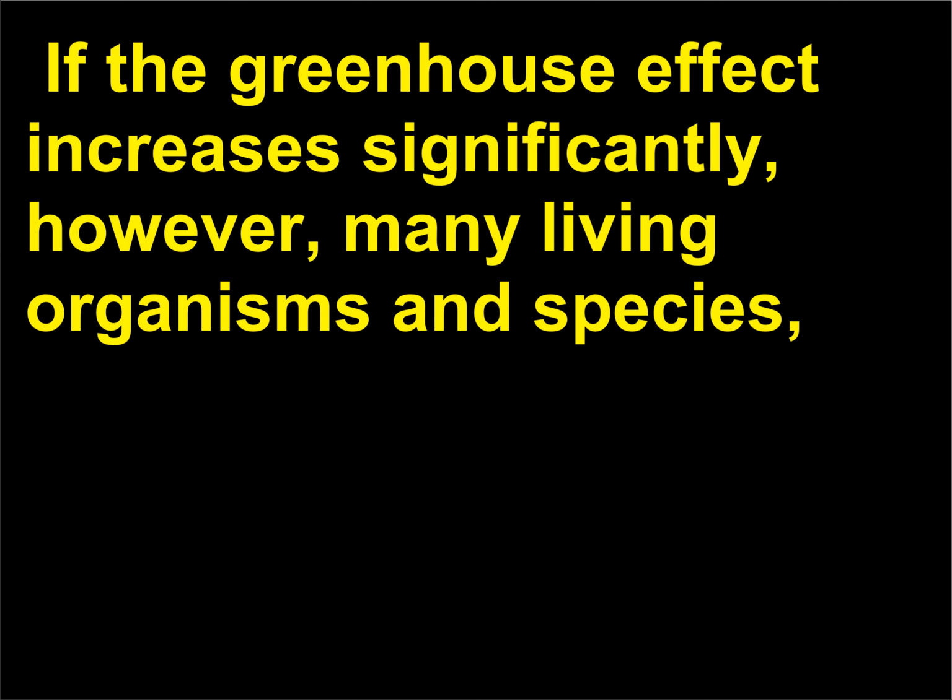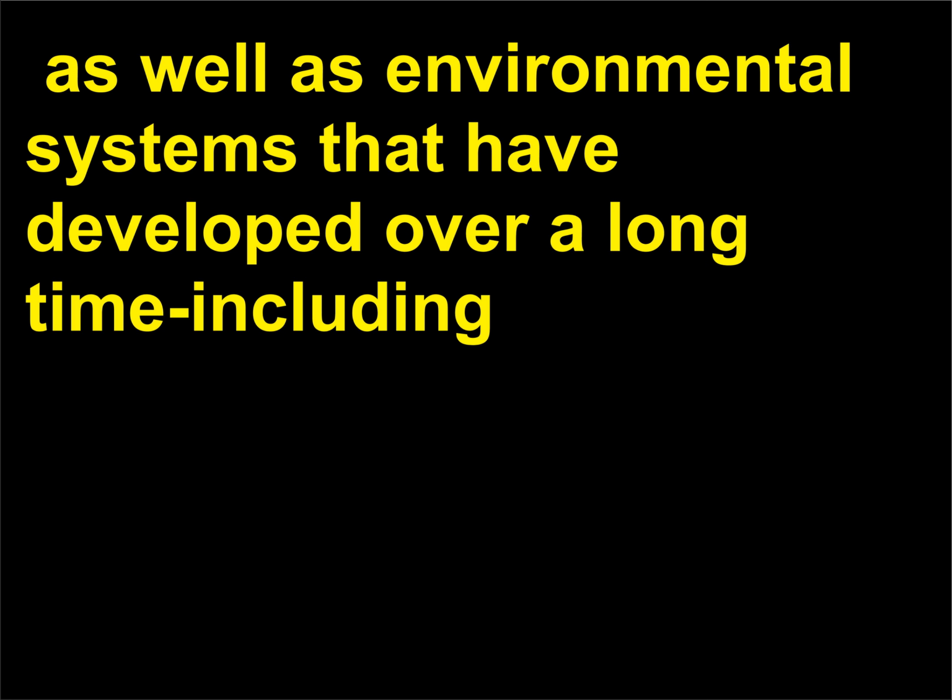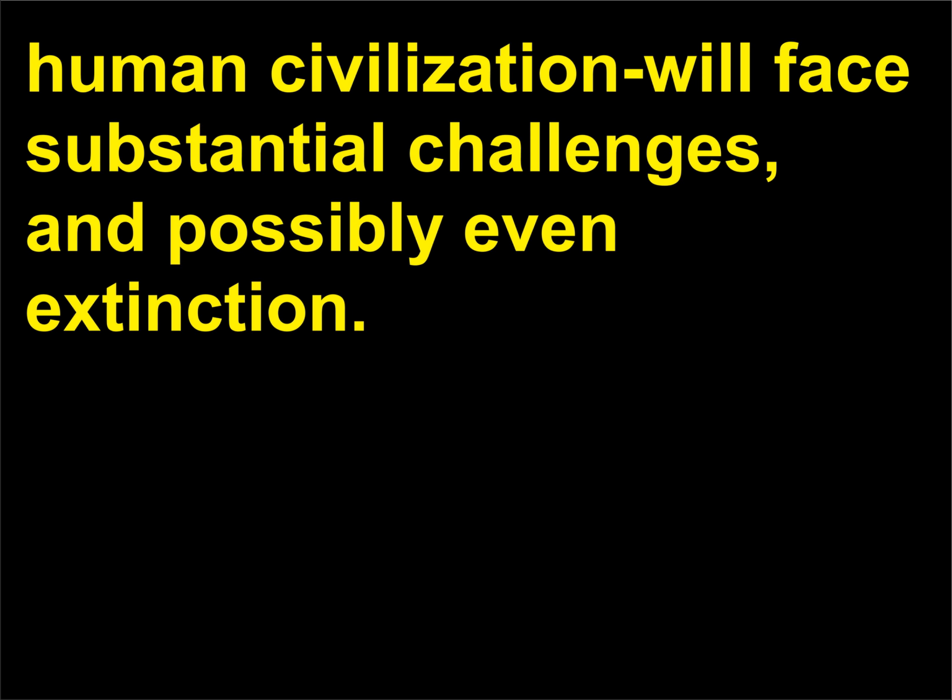If the greenhouse effect increases significantly, however, many living organisms and species, as well as environmental systems that have developed over a long time, including human civilization, will face substantial challenges, and possibly even extinction.